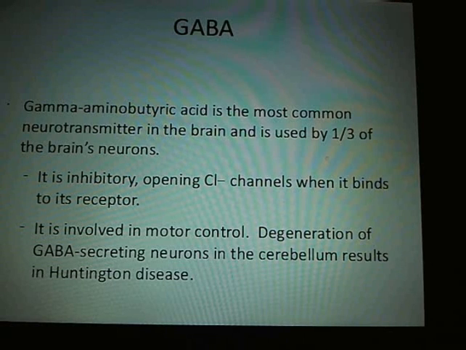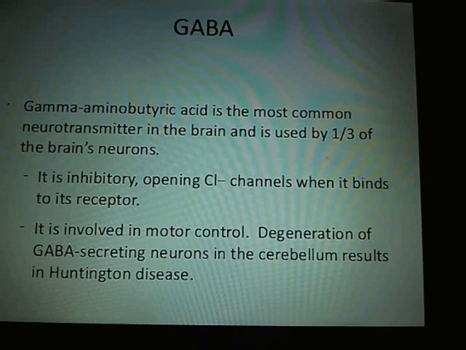When the GABA is not there, degenerated, you get these constant neurons firing because there's nothing to inhibit it. And these are diseases that you see with GABA.